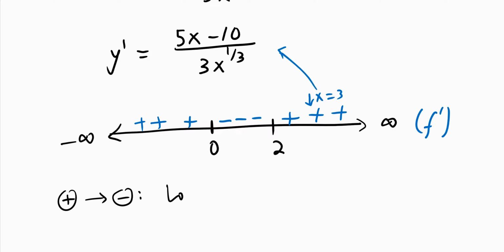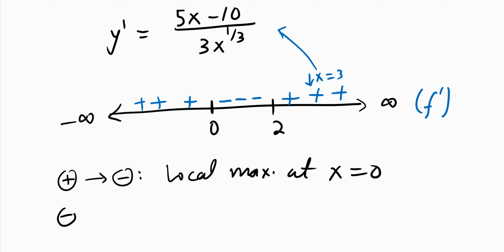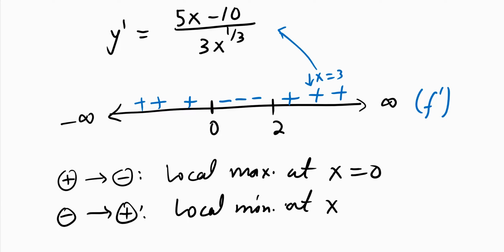So there's a local max at x equals 0. And there's negative to positive, there's a local min at x equals 2.